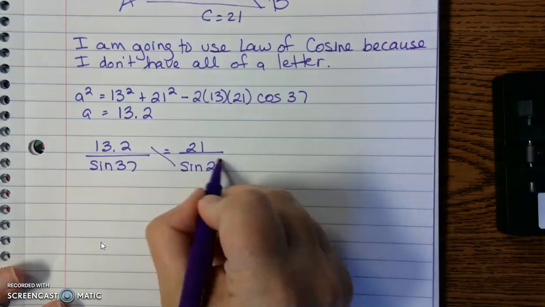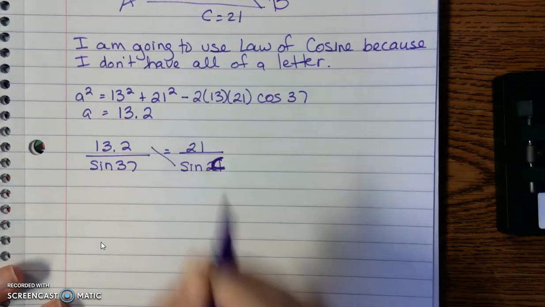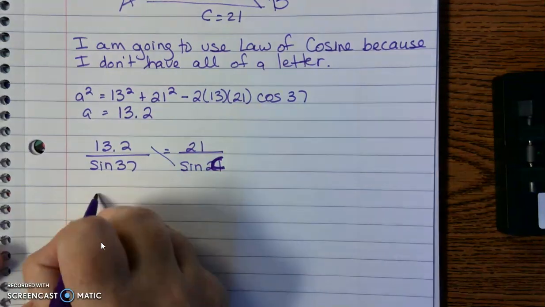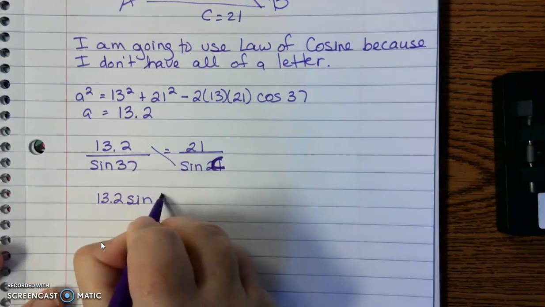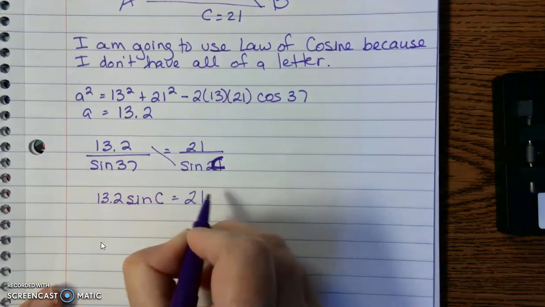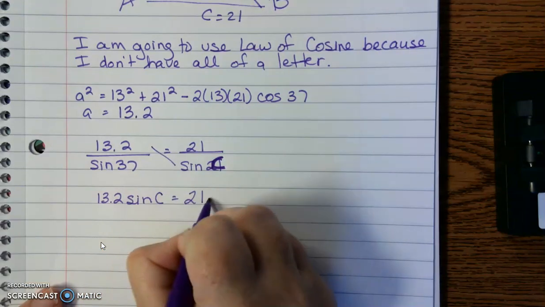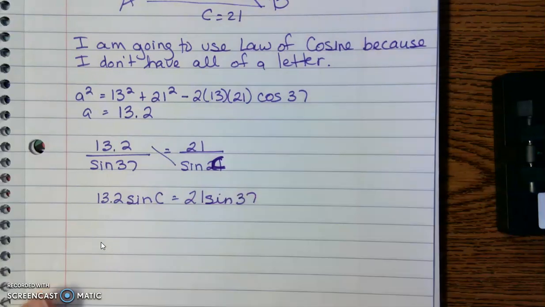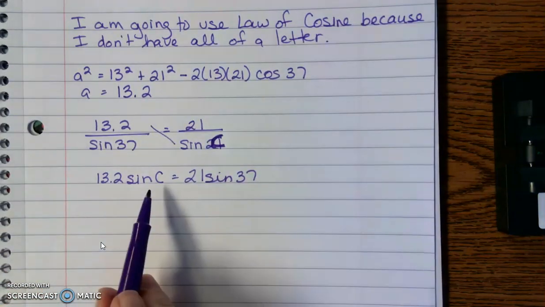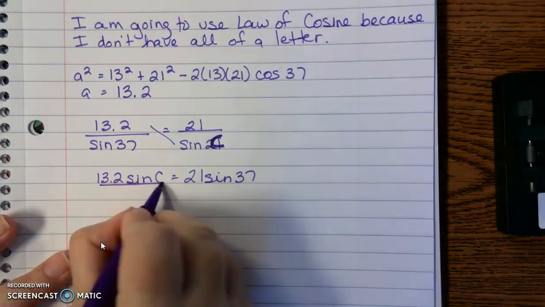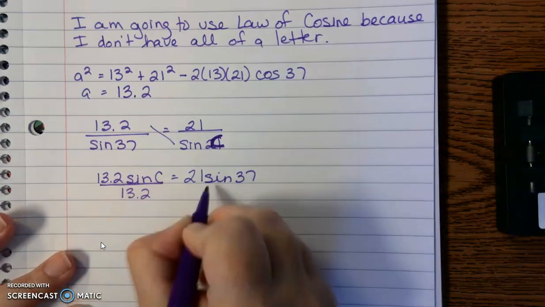Wait, hold on, that should be a C, not a 21. Sine of C equals 21 sine of 37. Now we've got to get big C by itself, so we're going to divide by 13.2.